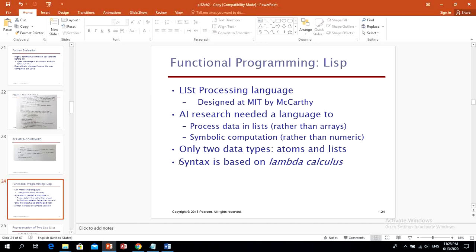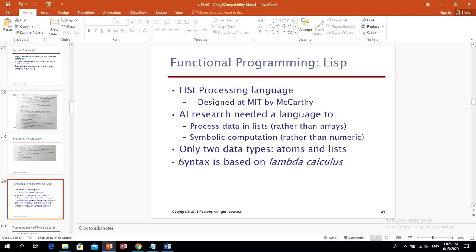It was designed at MIT by McCarthy. MIT, the Massachusetts Institute of Technology, is a very recognized educational institution in the United States, which is now number one in all types of science, especially engineering and computer science.